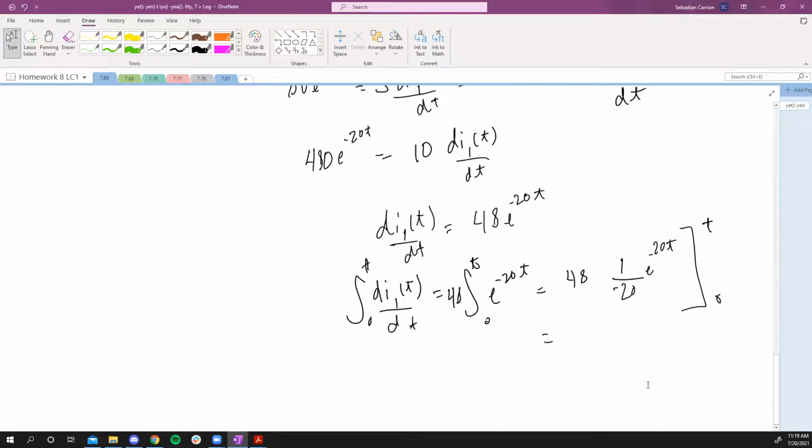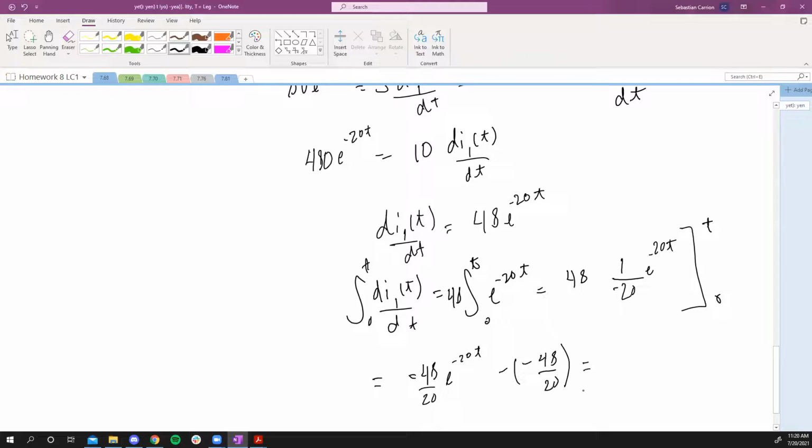So then that would be, let me make more space. Yeah, it would be negative 48 over 20 e to the negative 20t minus negative 48 over 20, evaluated from 0 to t.